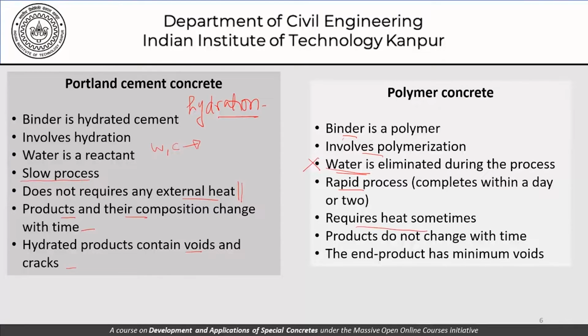Products do not change with time, as against the hydration products which change over a period of time. And the end product has minimum voids, as against hydrated products in cement which has certain amount of voids and cracks. Having said that, there are problems with polymer concrete, and that also we shall see at the end of our lecture today. But let's move on and try to understand a little bit about the polymerization process.